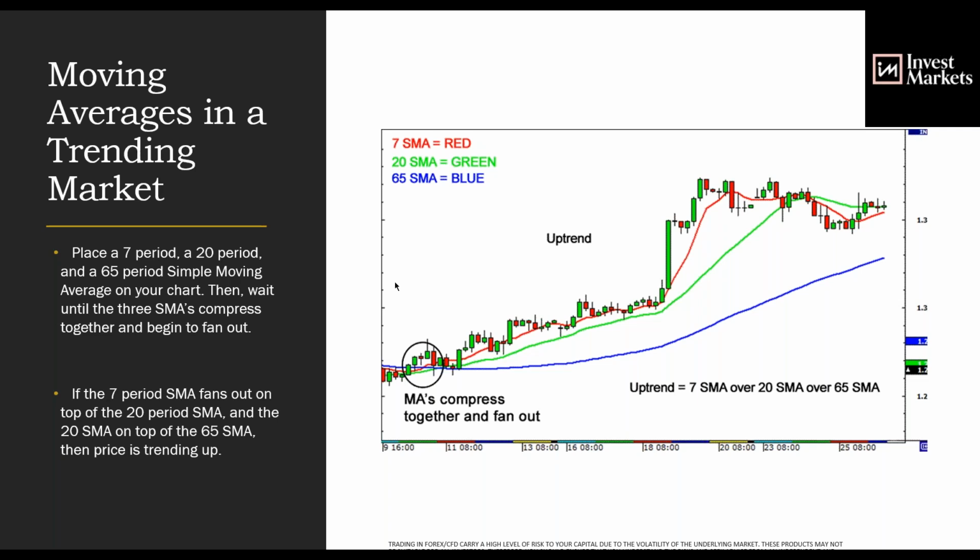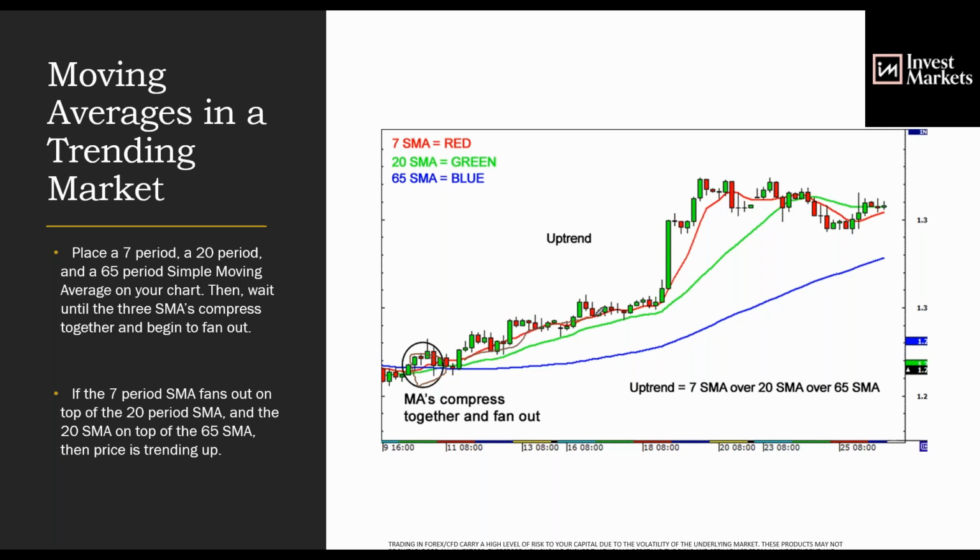Using multiple moving averages, we could really define whether price is moving in an uptrend. Okay. So if we wanted to place a 7, a 20, and a 65 moving average on a chart, then wait until all three SMAs compressed together and began to fan out, we would then know that we had moved into an uptrend. So in other words, here you see when these are put on the chart, they all compress together.